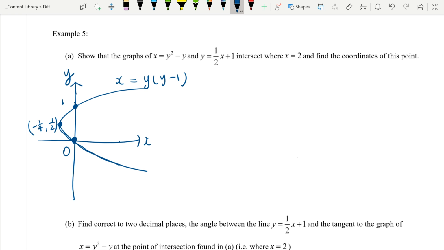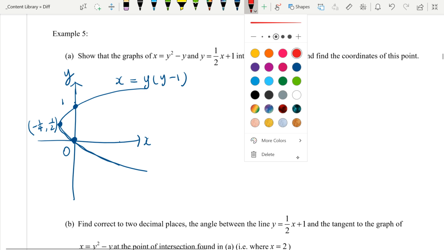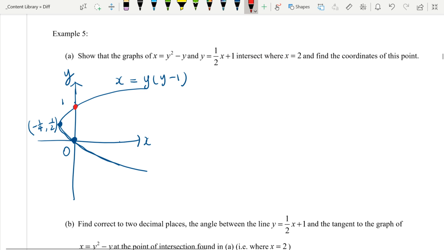Alright, so I have this graph and y equals half x plus 1. I have intersection at 0, 1, and I should have negative 2 and 0 somewhere here. There will be a line, something like that, which intersects where x equals 2.